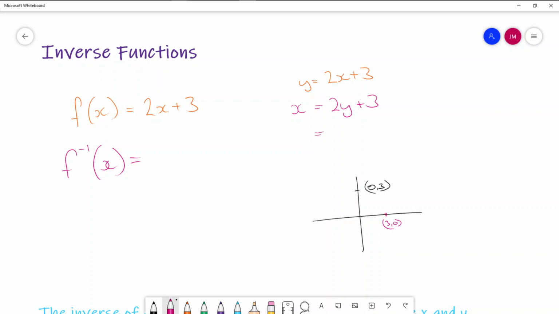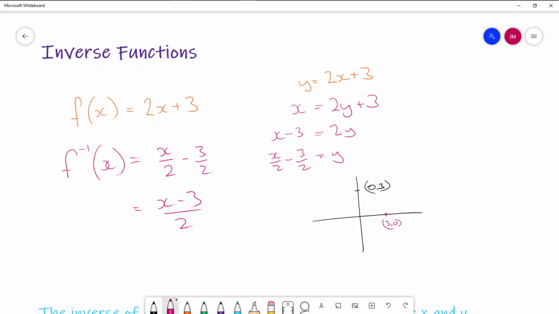So if I move the minus 3 over, I get 2x minus 3 equals 2y, divided by 2, so I get x on 2 minus 3 on 2 equals y. So this inverse I can call the function x on 2 minus 3 on 2. If I wanted to simplify it all, I could write x minus 3 on 2.